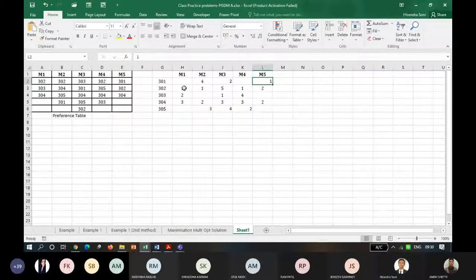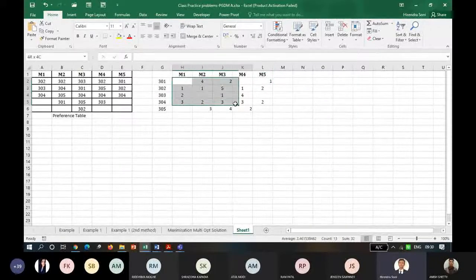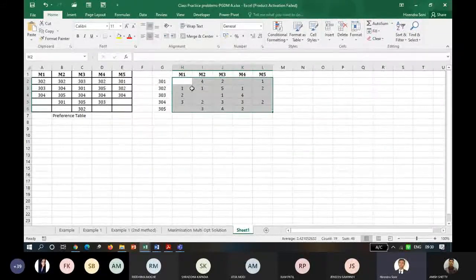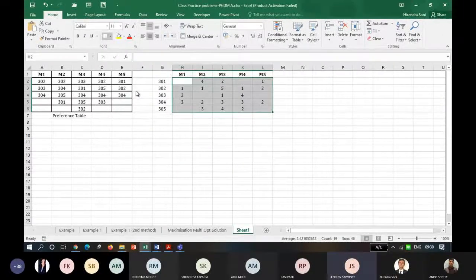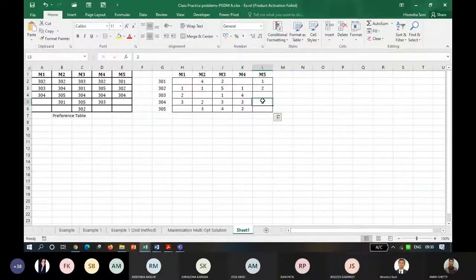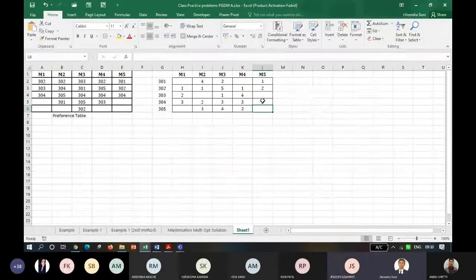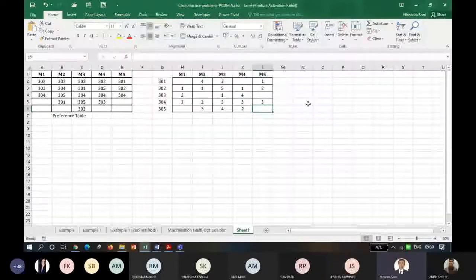Sorry. कहीं पर अगर मैं कुछ गलत कर दूं तो please do let me know so that I can correct it in the very beginning itself. Okay. Sir, 304 in the M5 will be 3. Oh, हो गया. Thank you. Welcome, sir.